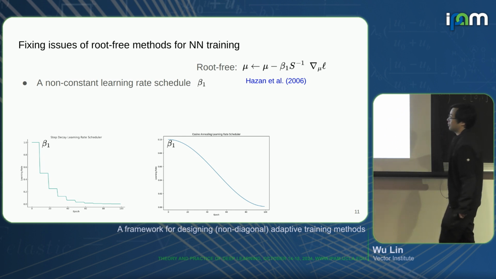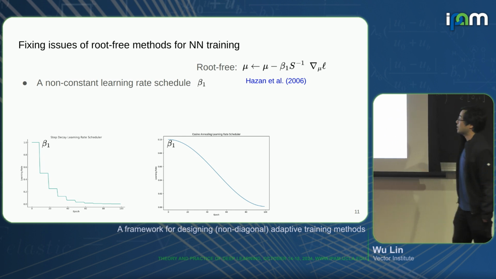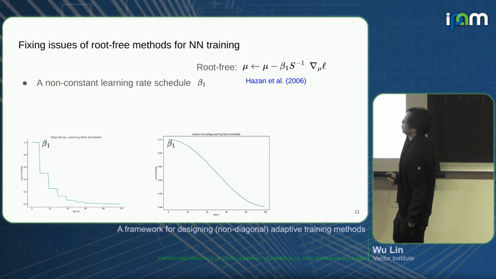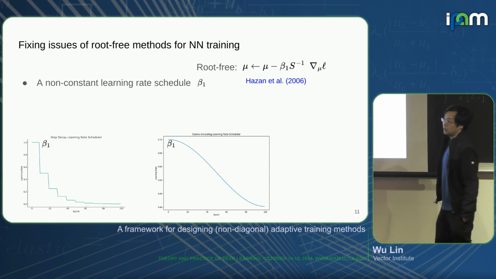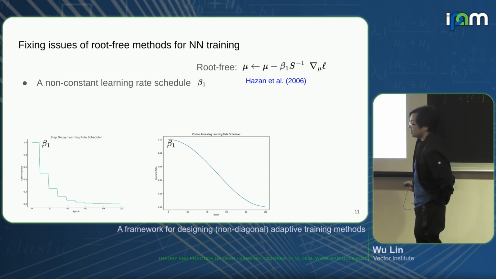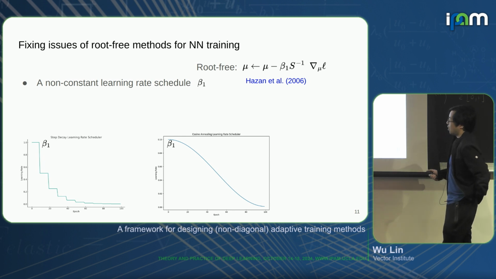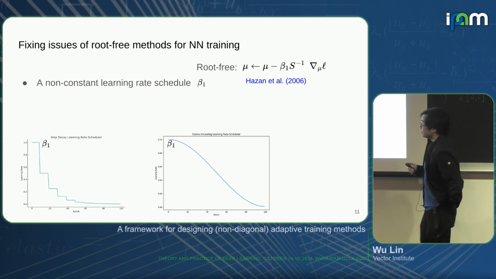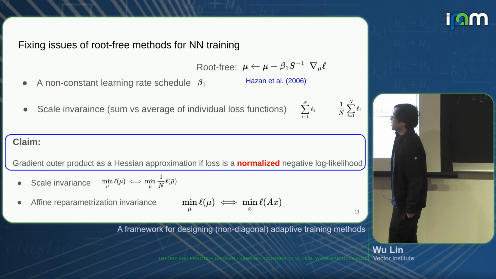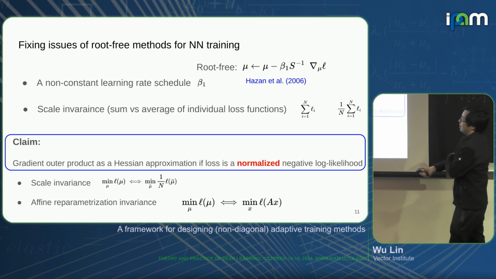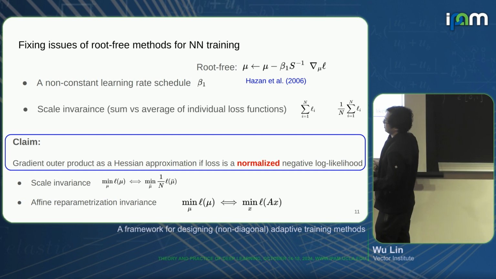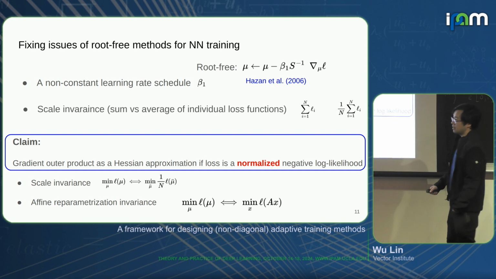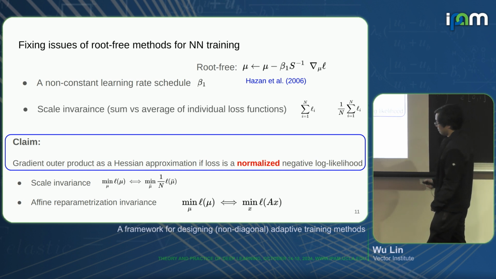The first step is that we want to use a non-constant learning rate schedule. This is standard in modern neural net training, where we usually decrease the learning rate beta 1 during training. You can use the classical step decay schedule or a cosine learning rate schedule, and there are many other schedulers. The second step is often overlooked: we have to make the update scheme scale invariant.